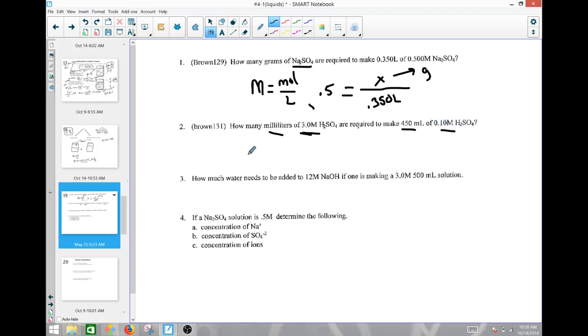All right, so I just like to write this out. M1V1 equals M2V2. M1 is 3. Unknown value is V1. Ending concentration 0.1. And ending volume is going to be, make this total amount, so it's going to be 450.